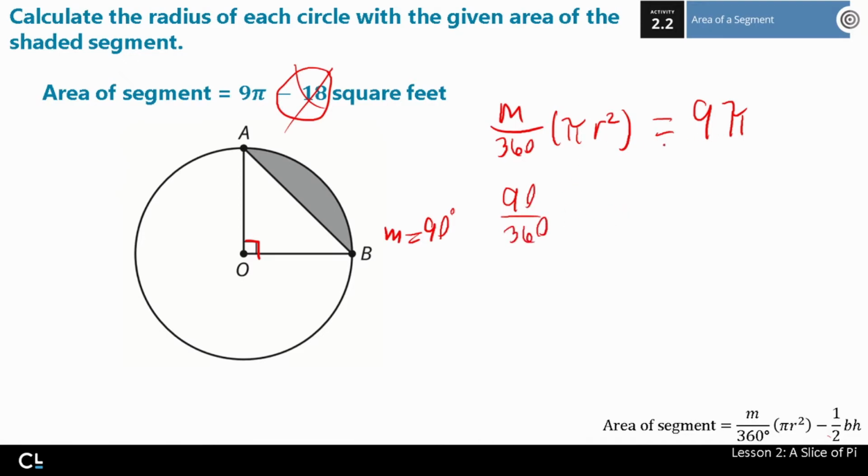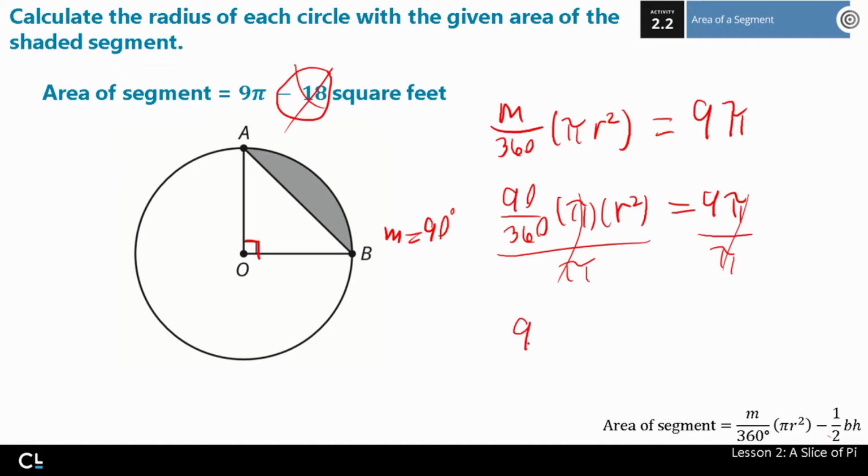And then we get pi. I'm going to separate these. r squared equals 9 pi. And we could divide pi on both sides, right? And when we do that, they cancel. We don't have pi anymore because we had it on both sides. We could get rid of it.